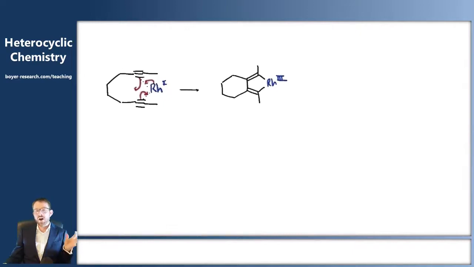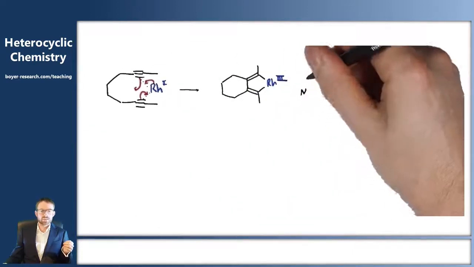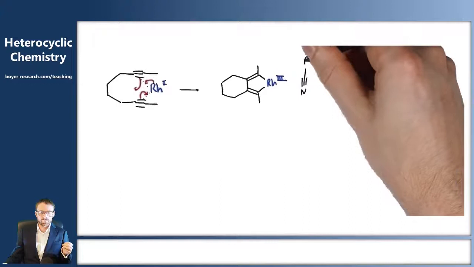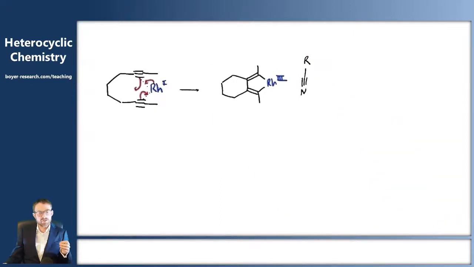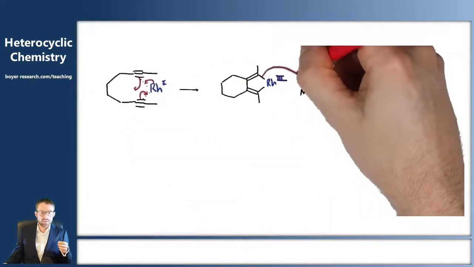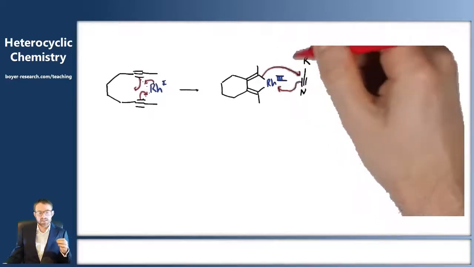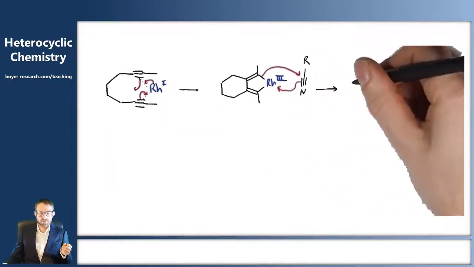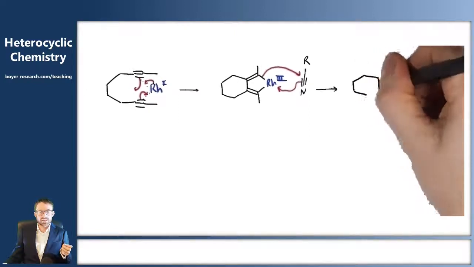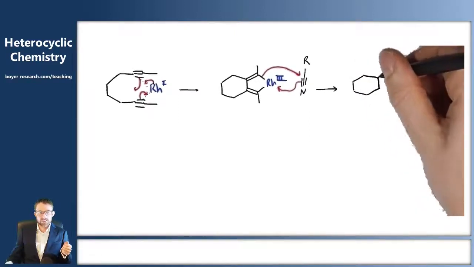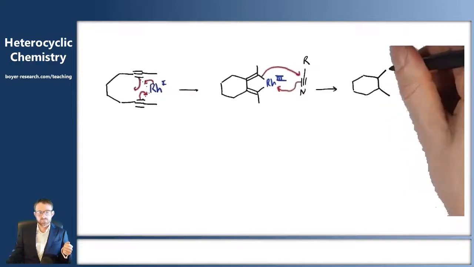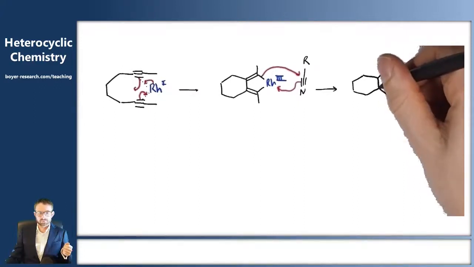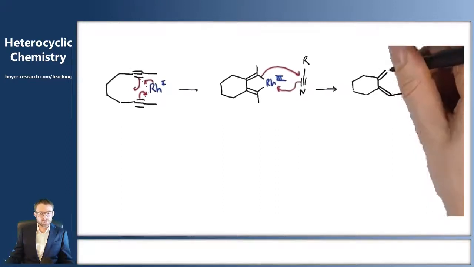At this stage, our nitrile group also coordinates to our rhodium. And then the rhodium behaves a little bit like a Grignard. It adds across our pi system. So we get the carbon adding to the carbon end, and then the nitrogen adding to the rhodium. This results in a 7-membered system. 7-membered rings are always a little bit tricky to draw.